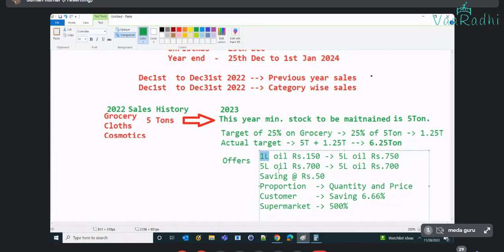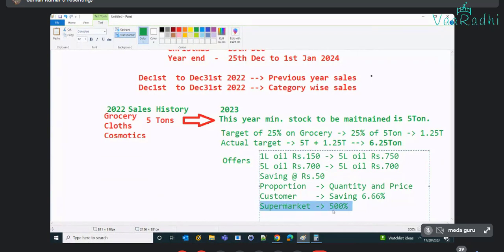You may go to the supermarket with an idea to purchase 2 liter or 3 liter, but in the best case, if a guy enters the supermarket with an idea of purchasing 1 liter oil, and they give an offer like this, 5 liter oil at 700 rupees with a saving of 50 rupees, then if they opt for this option, what are the returns, guys?